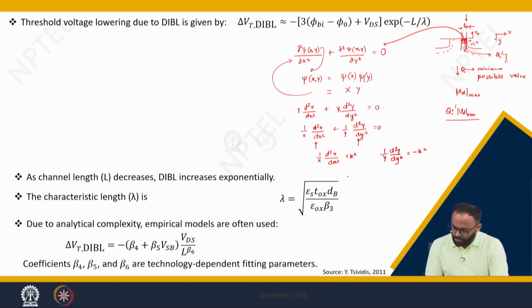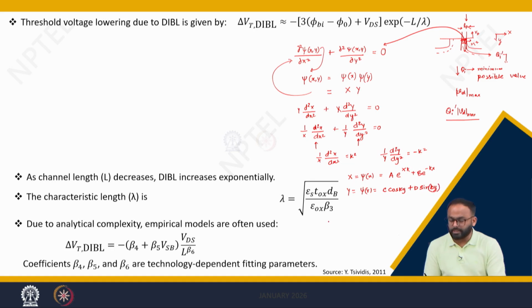This will give you two solutions. One is psi of x, which is A e to the power of kx plus B e to the power of minus kx, and the other is psi of y, which is C cos of ky plus D sin of ky.